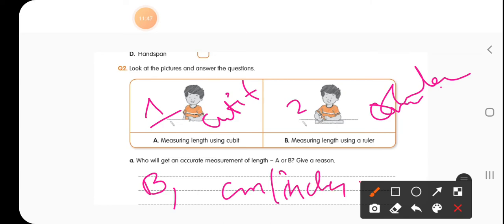Now the next one, why should we use standard tools to measure things? Because these standard tools are always divided into equal parts, and they give an accurate or exact result, irrespective of who is measuring the object and where it is measured.